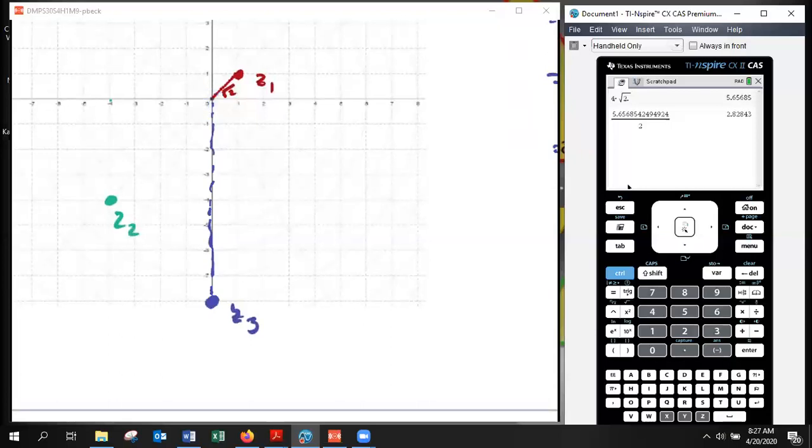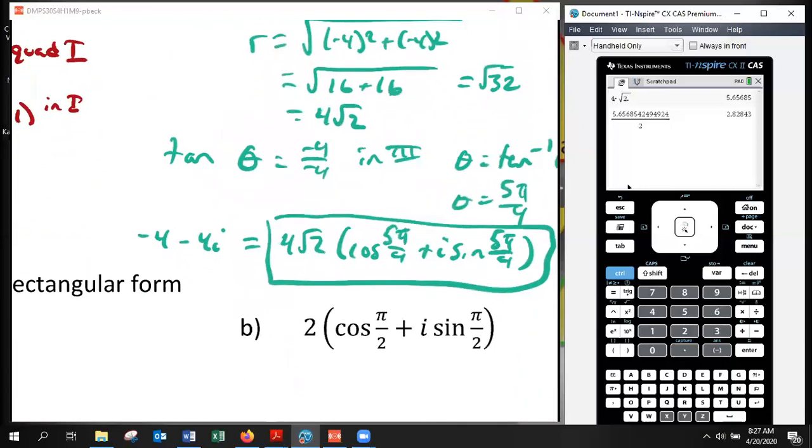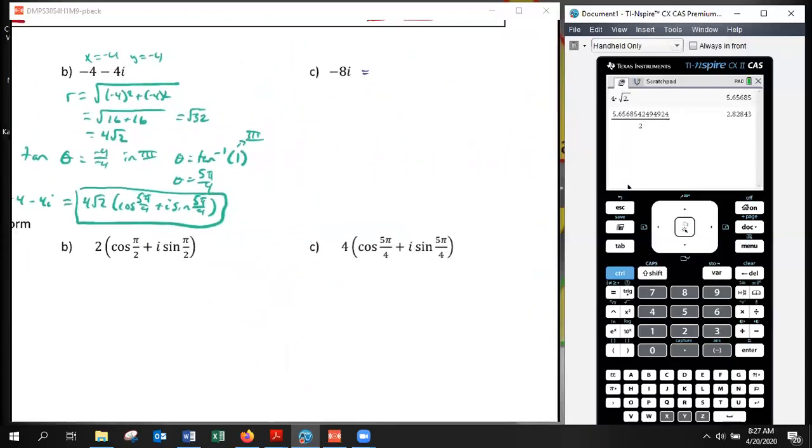So let's go ahead and actually work that out. So our radius ends up being square root of 0 squared plus -8 squared. That again gives us 8. And our theta is going to, how about tangent of theta is y over x. So that y value is -8, x is 0. And everybody, this is why I showed it on the graph, that I now have tangent of theta is undefined because we can't divide by 0.